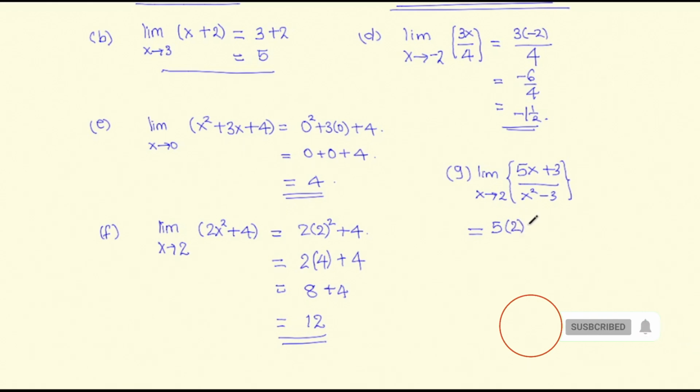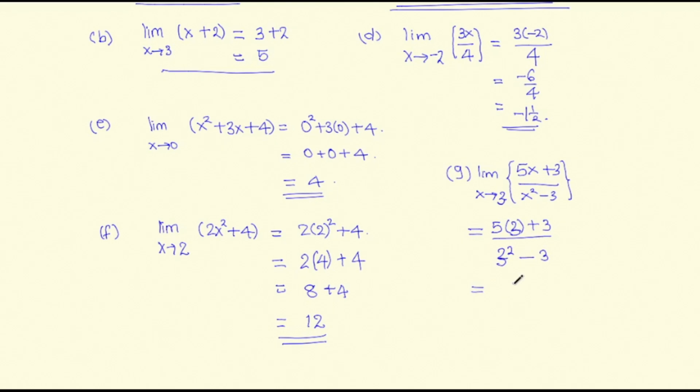We have plus 3 all over 3 squared, sorry, it was 3, not 2. So we have here 3, even this one is 3, but it is squared, minus 3.